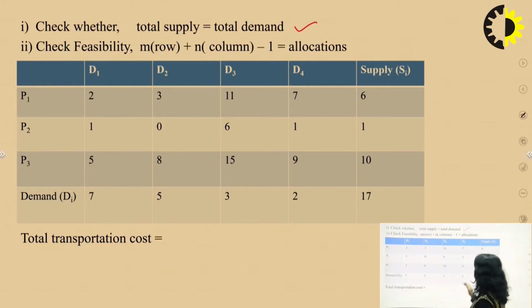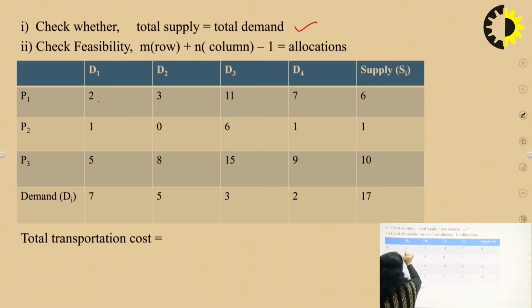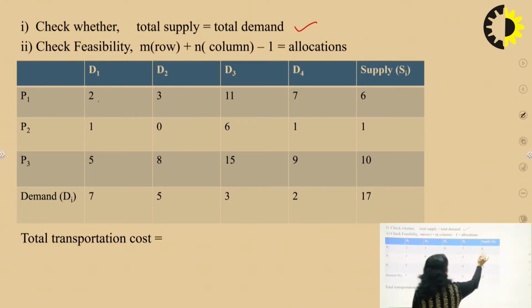Okay. So first we will see how we will proceed. First we will take cell C11. C11 is this one. Now we will see the supply which is available against this is 6 and the requirement is 7. But the supply available is 6 only.